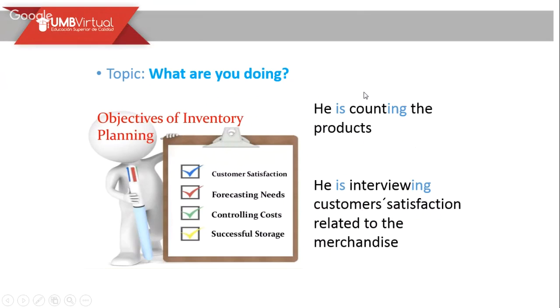But if we are focusing on the actions that you are doing at the moment, you can tell me, okay, I am working, I am doing or making a report, I am driving, or whatever action. In this case, we have he's counting the products, he's interviewing customers about satisfaction related to the merchandise. Okay, there are 2 examples.